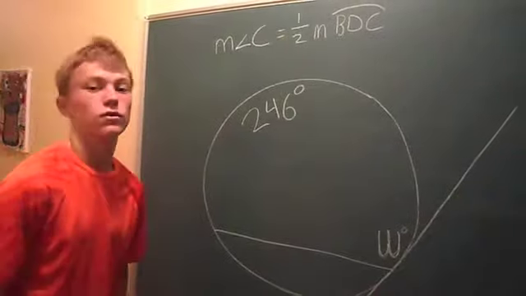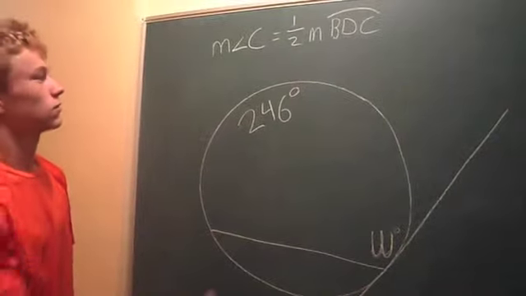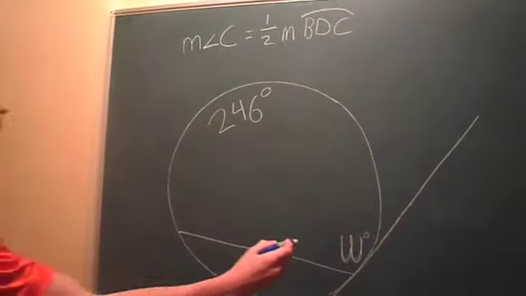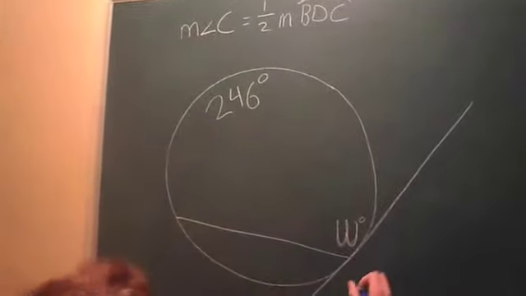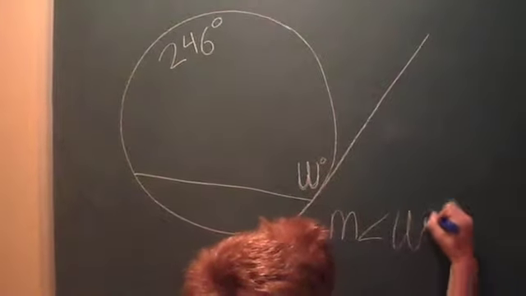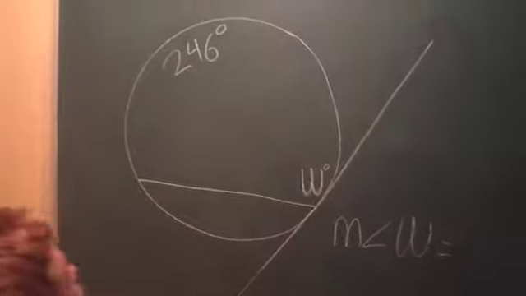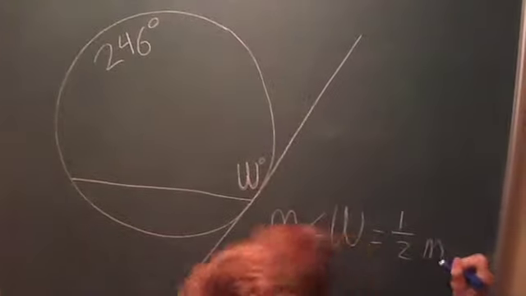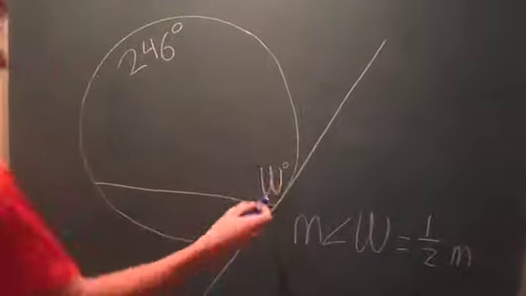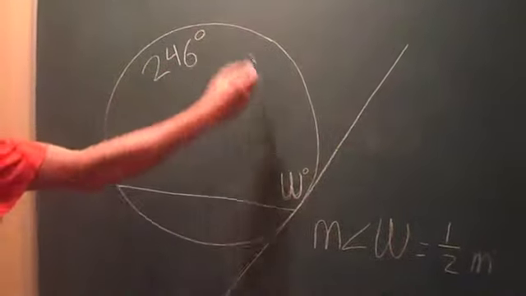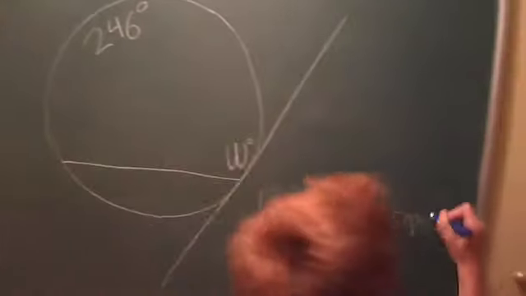I'm going to practice theorem 12.10, which is this right here. In this case, it's going to be the measure of angle W equals half the measure of BDC, which in this case is going to be 246, that arc right there.